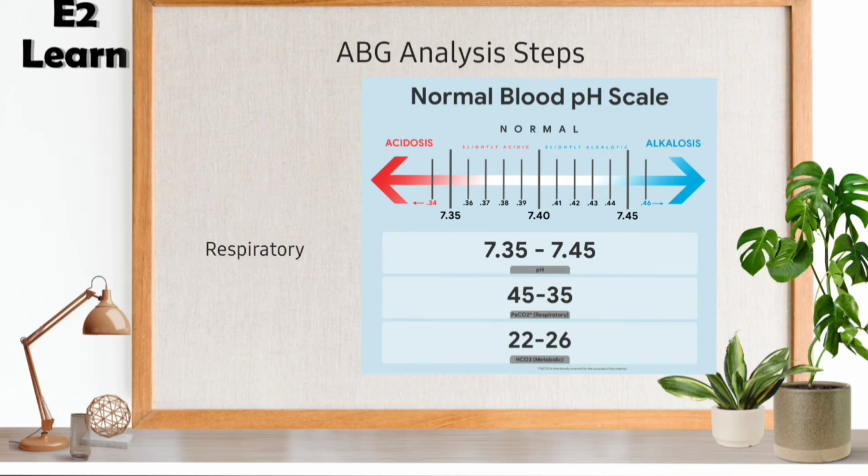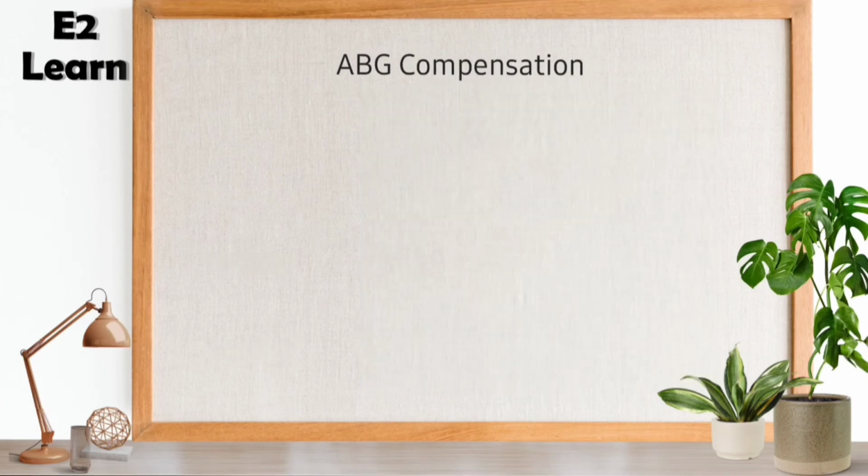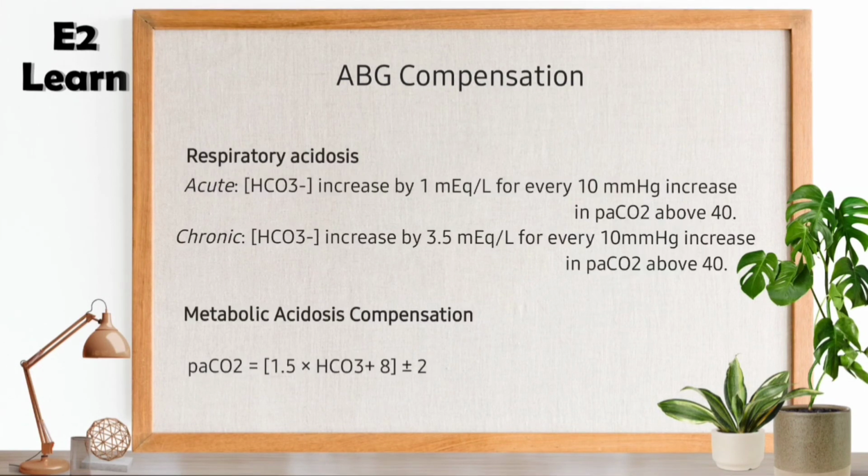Similarly, if the PaCO2 level is more than 45 millimeters of mercury, it is considered to be respiratory acidosis, and if the bicarbonate value is lesser than 22, it is considered to be metabolic acidosis. The body tries to compensate with the help of the kidneys or the lungs for an acidic medium.